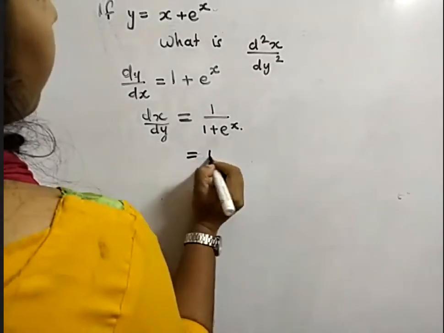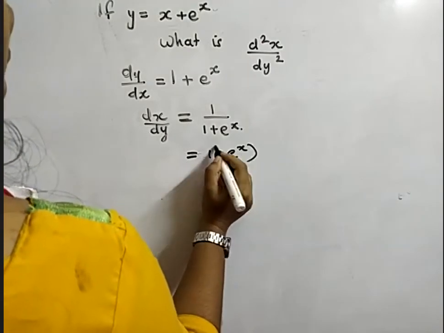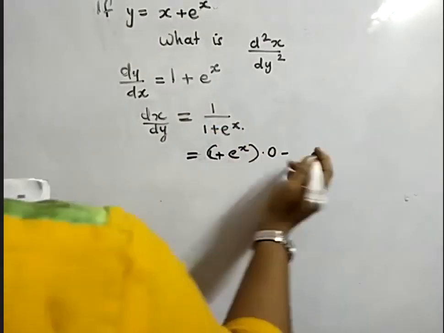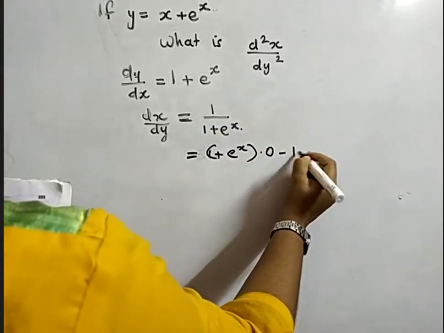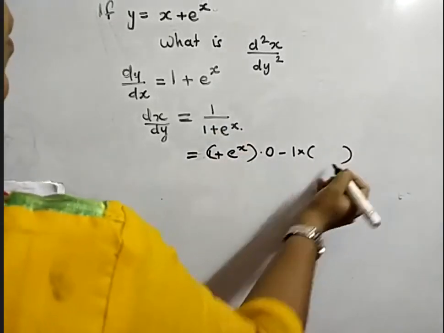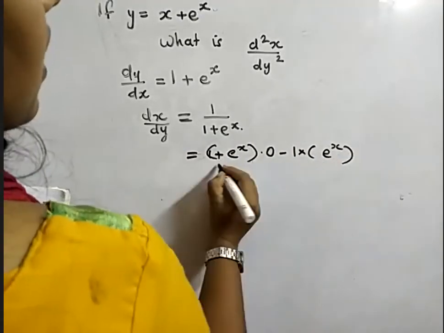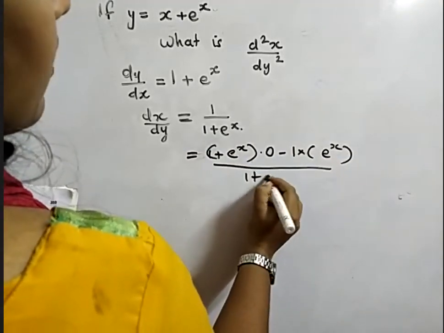Denominator into derivative of the numerator, 0, minus numerator into derivative of the denominator. That is 0 plus e raised to x. That is e raised to x by denominator square.